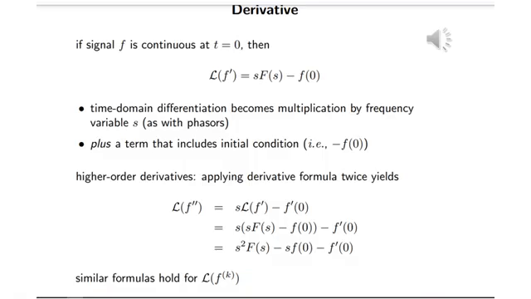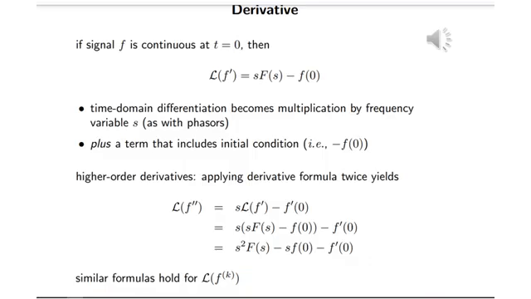If we want to find the Laplace transform of the derivative of the function, then the Laplace of f bar, where f bar is the derivative of f, is equivalent to s times f of s minus f of 0, where f of 0 is the initial condition of the time domain signal.